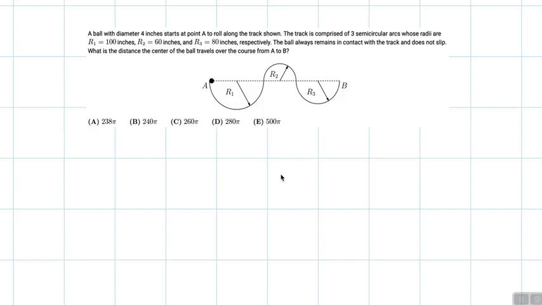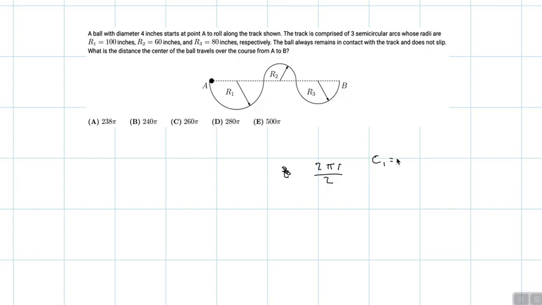So to find the length of these arcs, it's going to be 2 pi r over 2. So for this first one, circumference 1 is really just going to be pi times r.